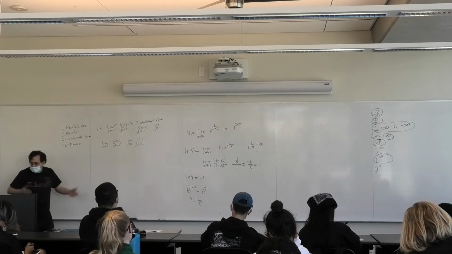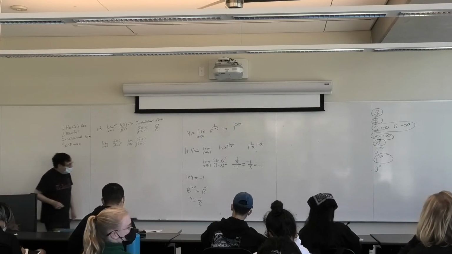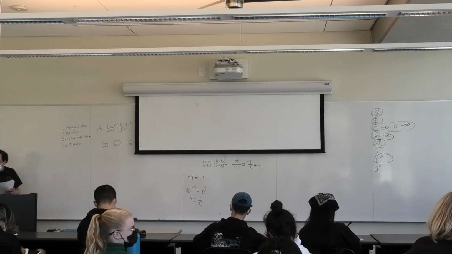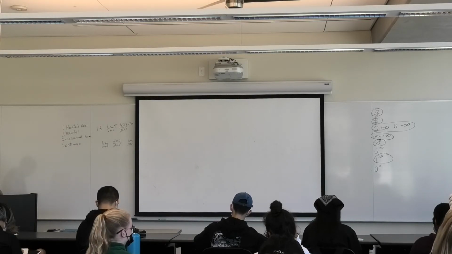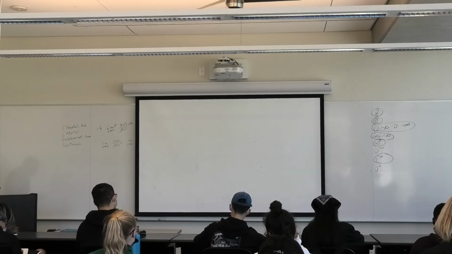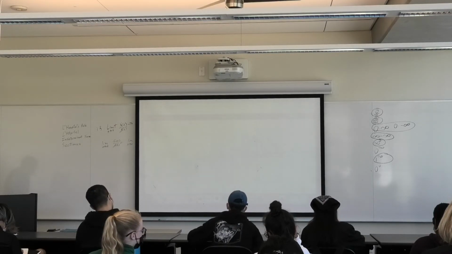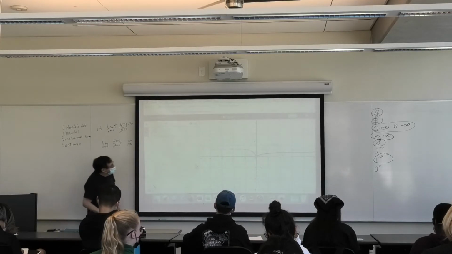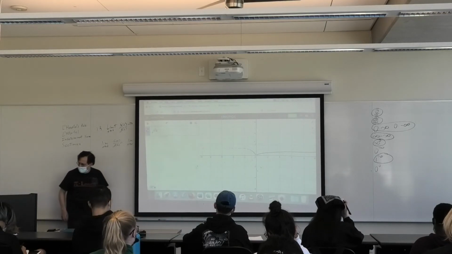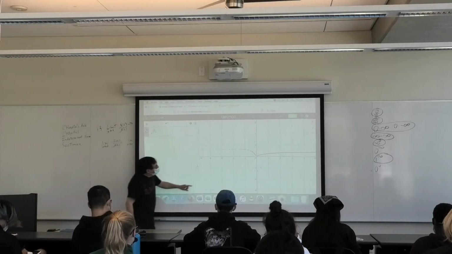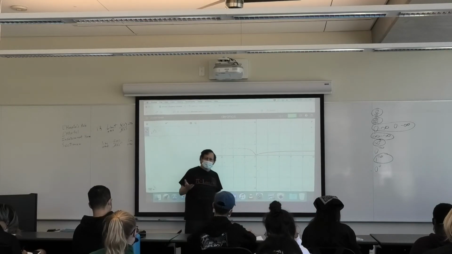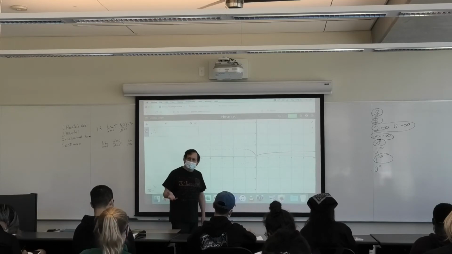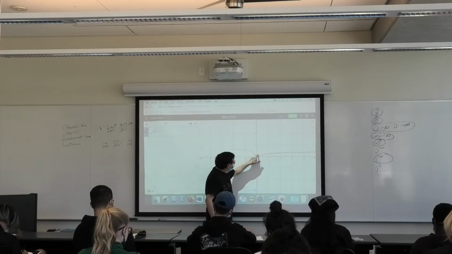All right, let's take a look. e raised to 1 divided by 1 minus x, and we were looking at x as 1, that's kind of over here. e is a little less than 3, so this point should be a little more than 1/3.